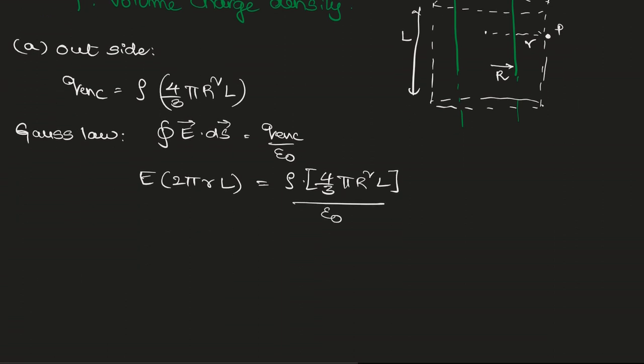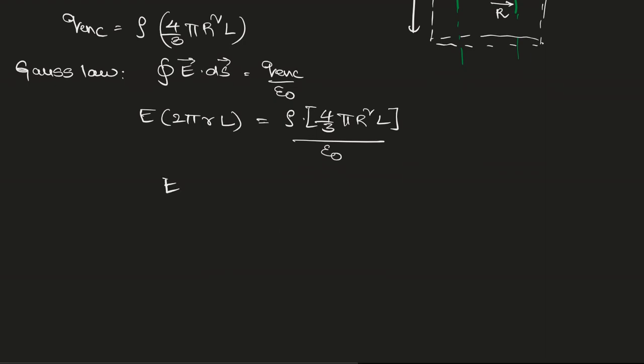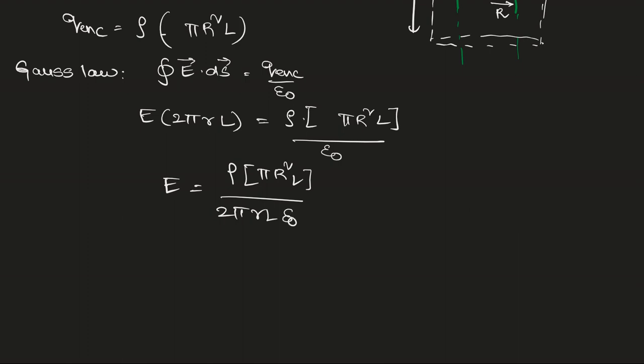So from this, electric field will be equal to, pi r square h or pi r square L, will not get 4/3. So from this electric field will be equal to rho into pi r square L by 2 pi r L epsilon naught. So L gets cancelled, pi gets cancelled. We are left with rho r square by 2 epsilon naught r.